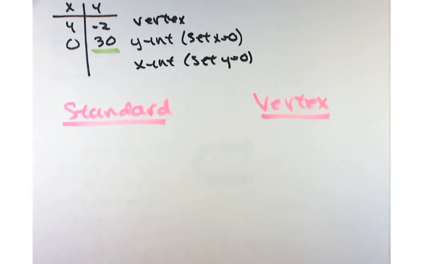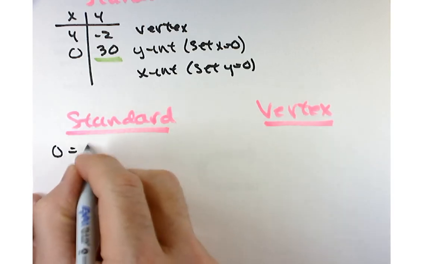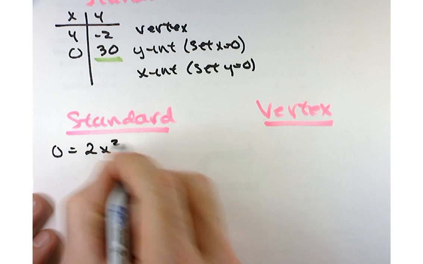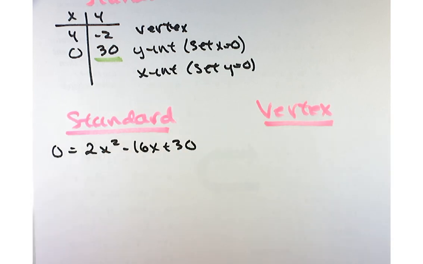For our standard form of the equation, that's going to look like this. 0 equals 2x squared minus 16x plus 30. You've got a lot of variety as to how you might want to solve this. What would you choose? How would you solve that?